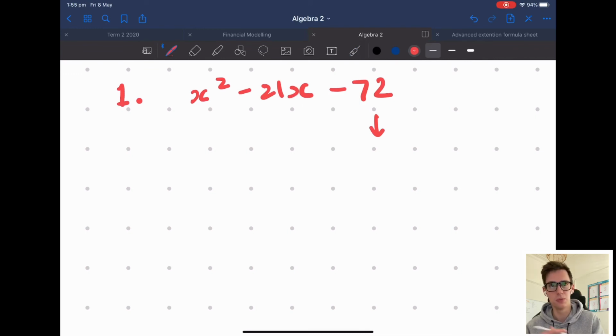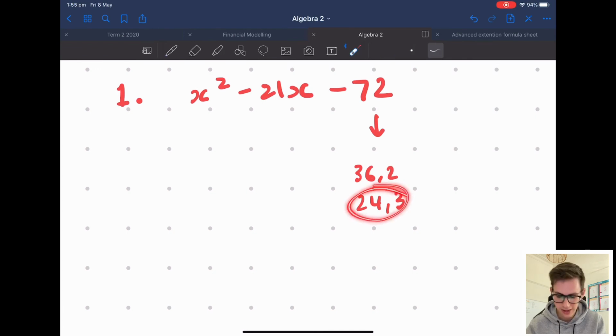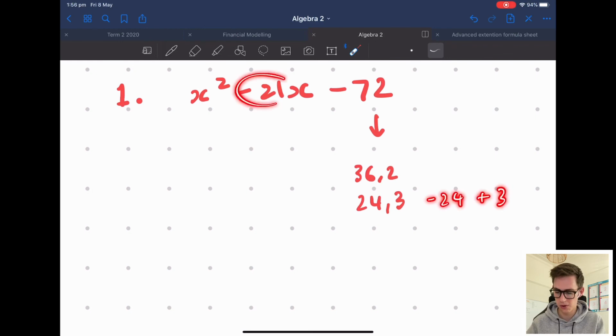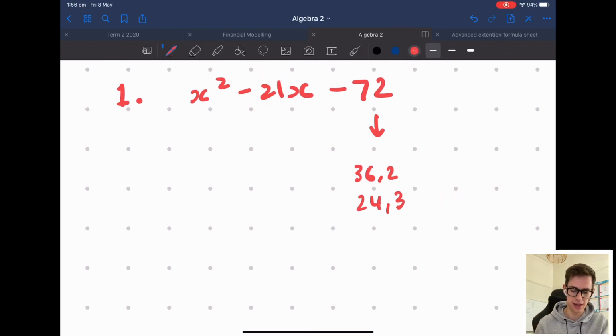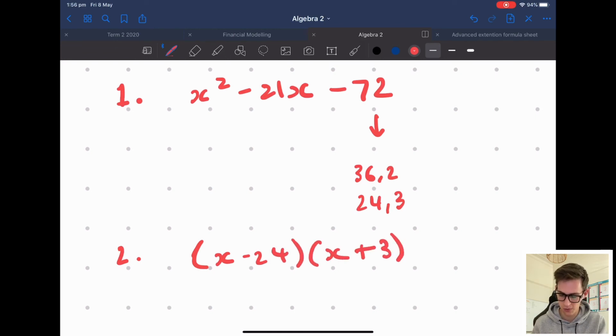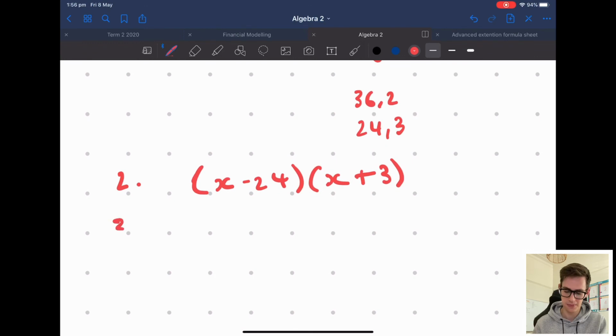So you can start being a bit more logical about it. 36 and 2 isn't going to work either. What else might be a factor? What about 24 and 3? I definitely can use 24 and 3. I could have negative 24 plus 3, and that would get me negative 21. So my factorization must be negative 24 plus 3.